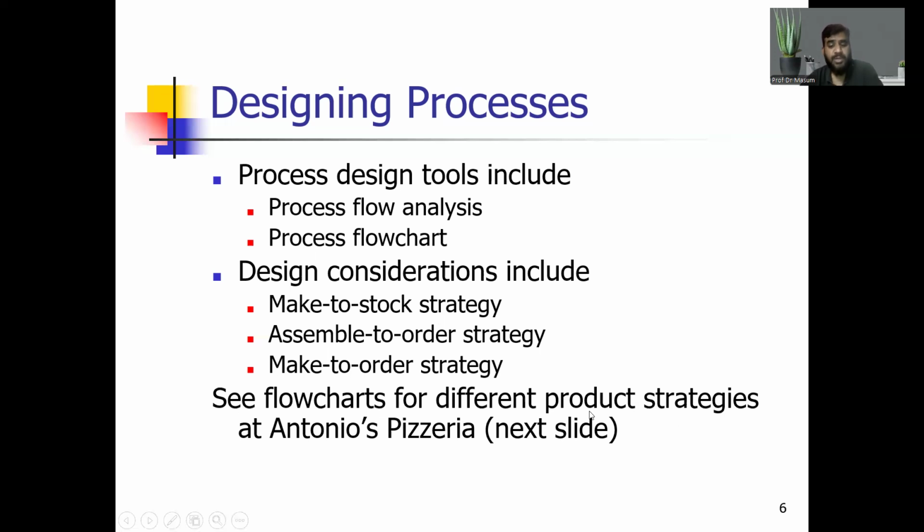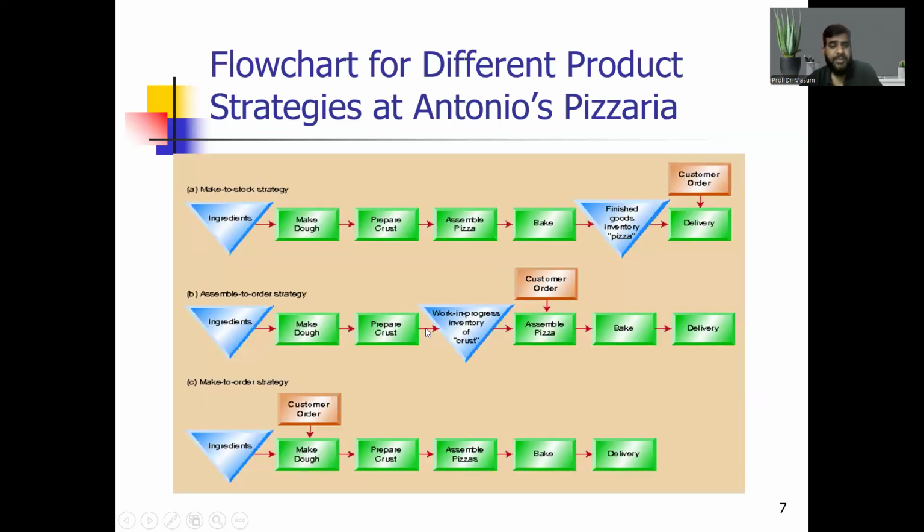See flowcharts for different product strategies of Antonius Pizzeria. Next slide. Okay. So here the make to stock strategy, assemble to order strategy, and make to order strategy are given. So this is a pizza.